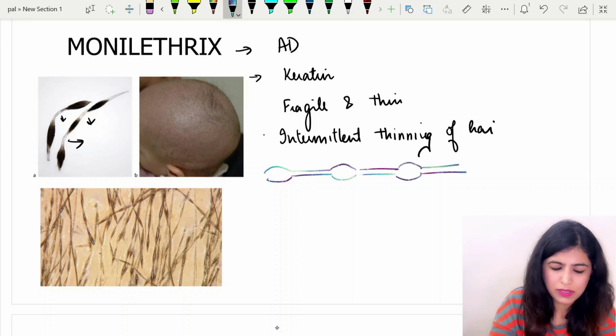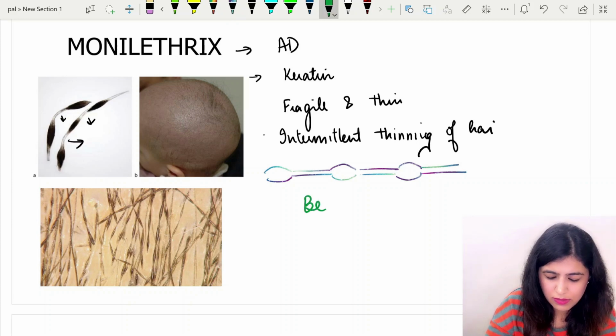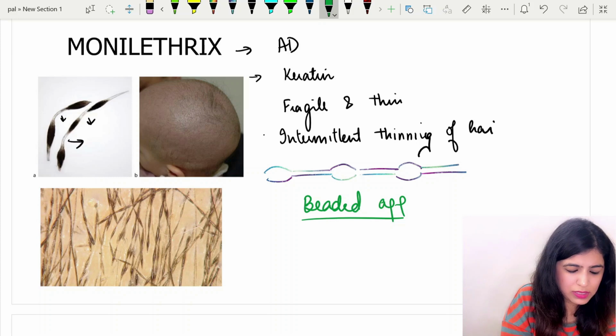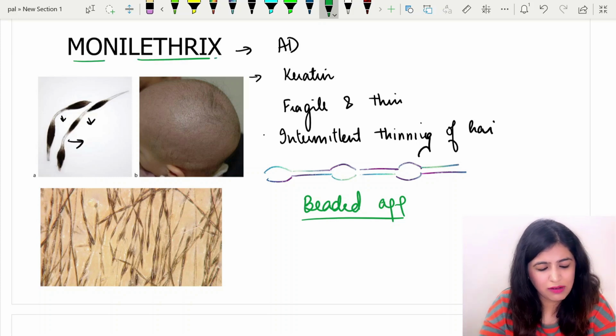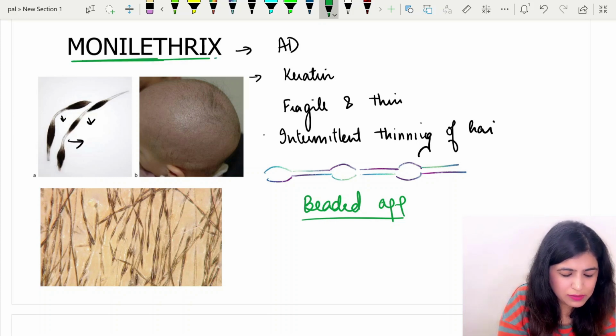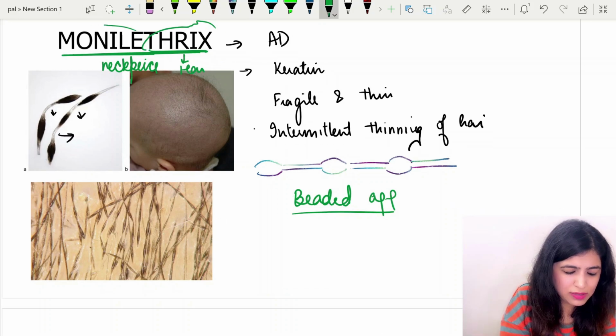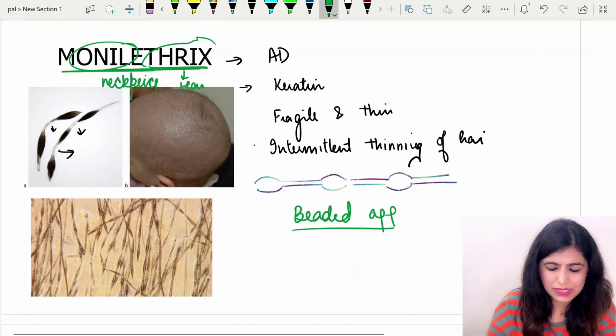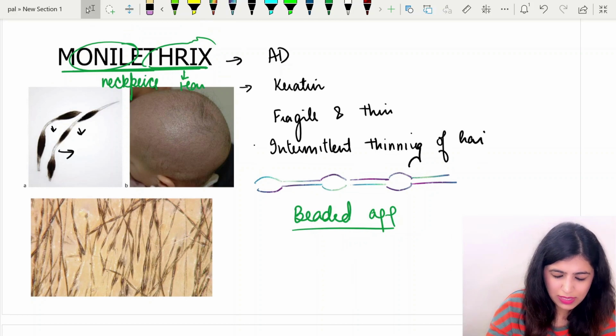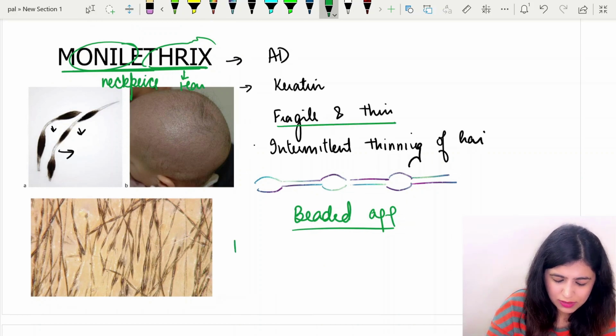So what is this appearance? This gives the hair a beaded appearance. In fact, monilethrix in itself means, monile means neck piece or a chain, and thrix means hair. So monile, hair, neck piece like beaded appearance of the hair. The hair are fragile and thin.